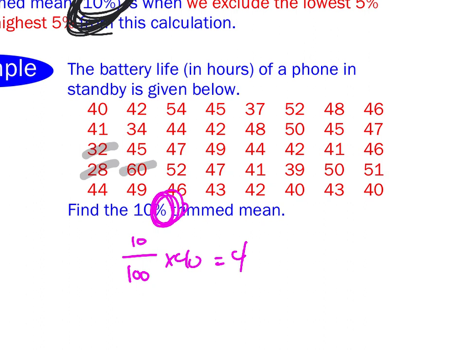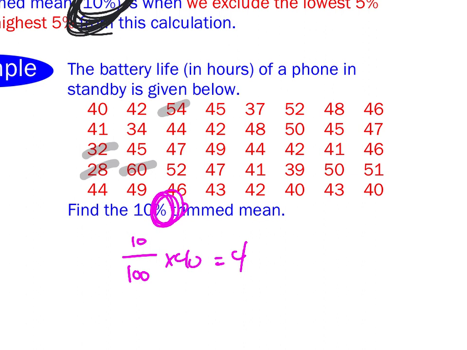Highest is definitely 60 and 54. Very good. Especially if there's a big list of numbers, it's going to be really tough sometimes to navigate through the numbers to find the lowest or the highest numbers. So there we go. Now, excluding those 4 numbers, we're going to find the mean.